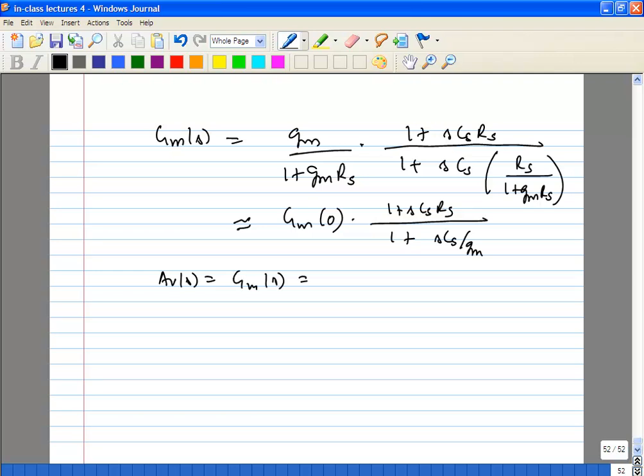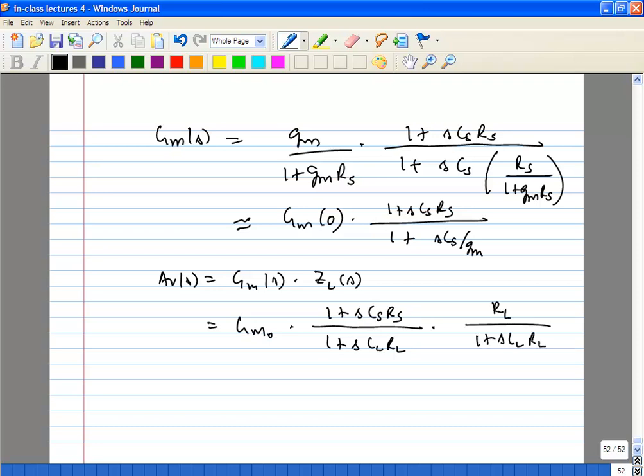So your voltage gain is nothing but your GM of S times ZL of S, which is GM 0 times RL.